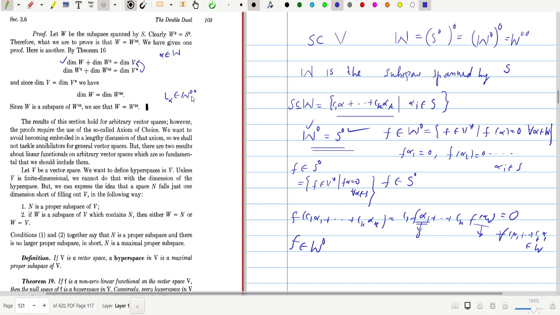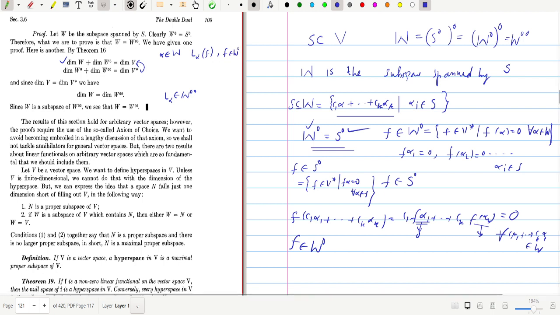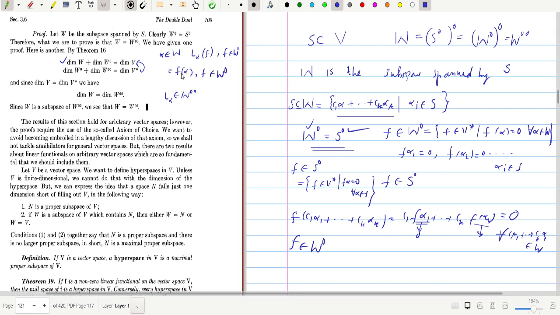So W double naught is a subset of V double star. So alpha belongs to W. Then consider L alpha. What is L alpha of F for F belonging to W naught? This L alpha of F is equal to F of alpha, where F belongs to W naught.